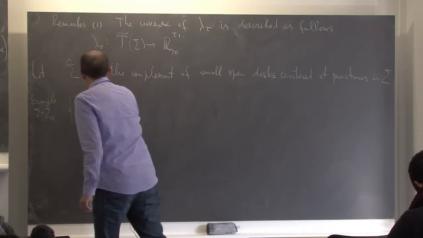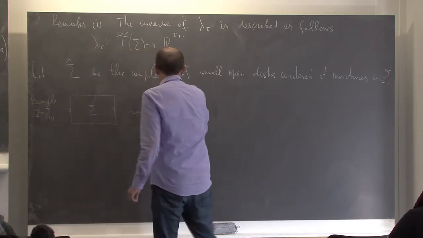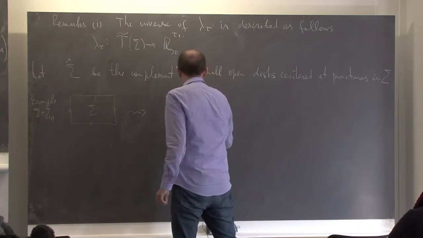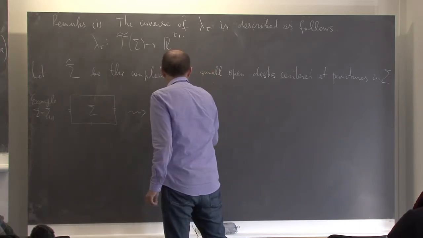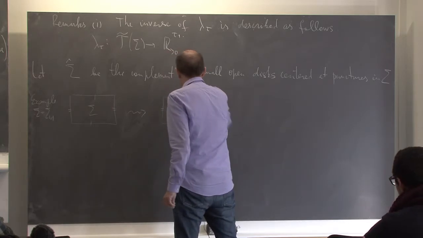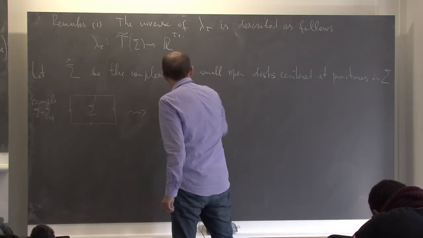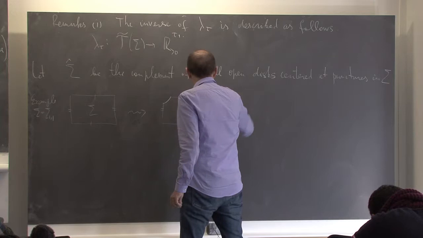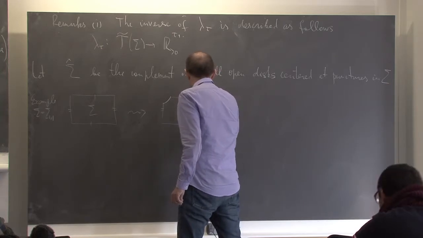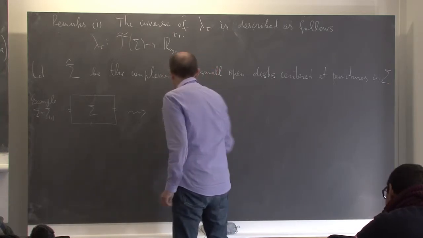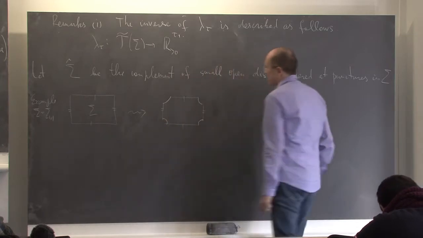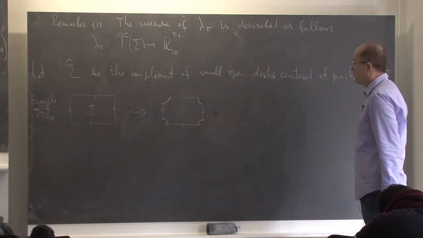This is sigma. And we go to sigma hat, which is a result of cutting out a small disk centered at the puncture. So we have something like this, the surface with boundary.